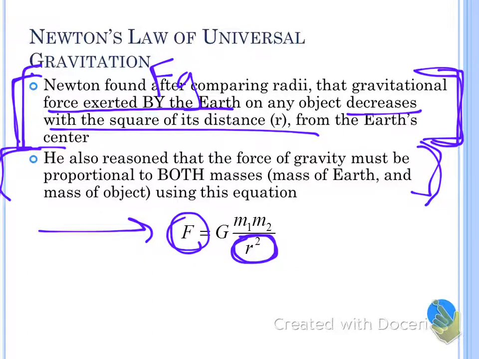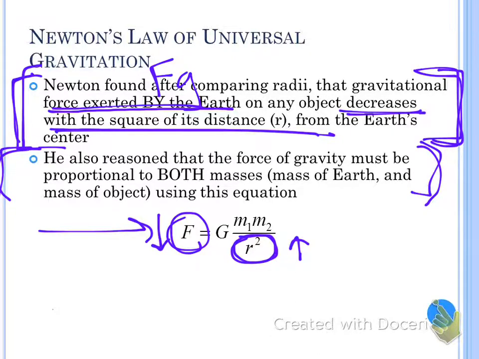It gets bigger. So as I get something closer and closer to the surface of the Earth or to the center of the Earth, my gravitational force increases. As I increase my denominator, if this goes up, what happens to my gravitational force? It gets smaller. So my force exerted decreases with the square of the distance.